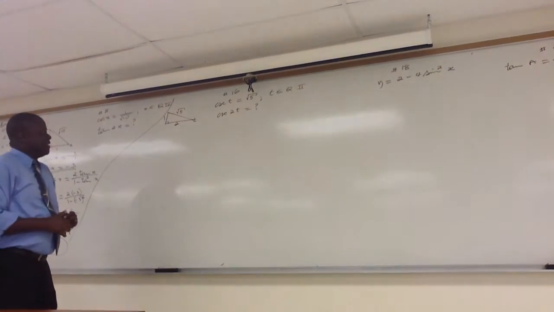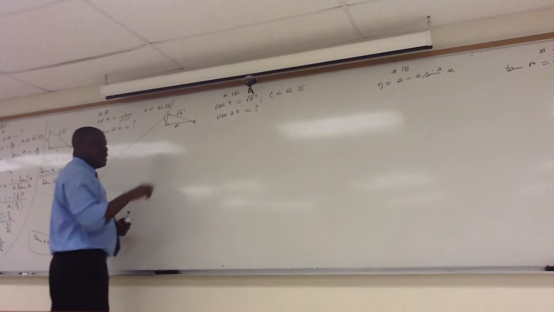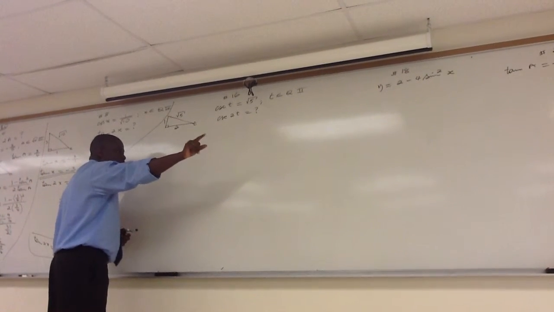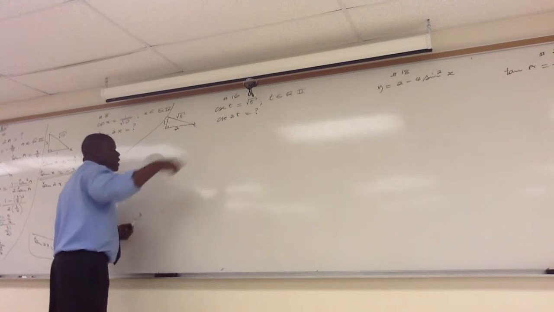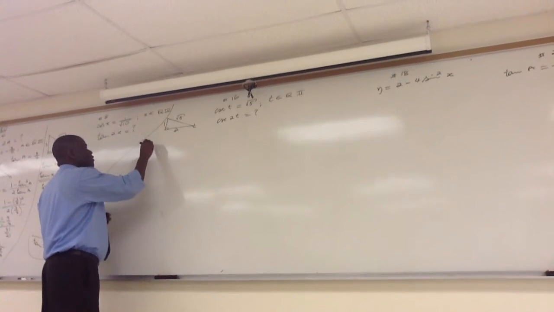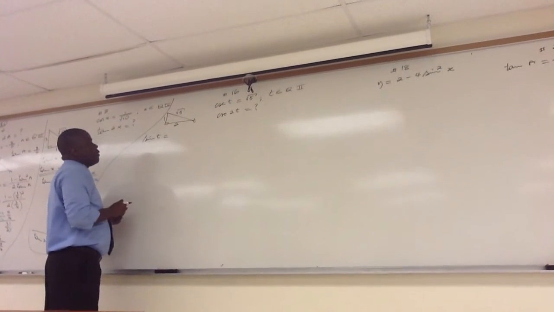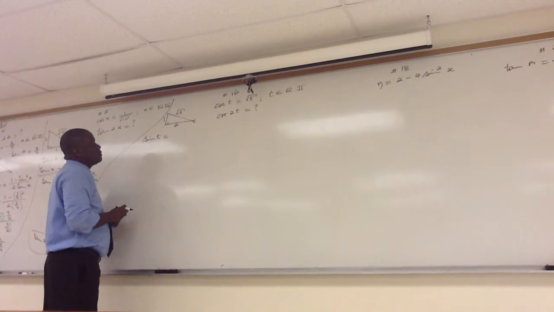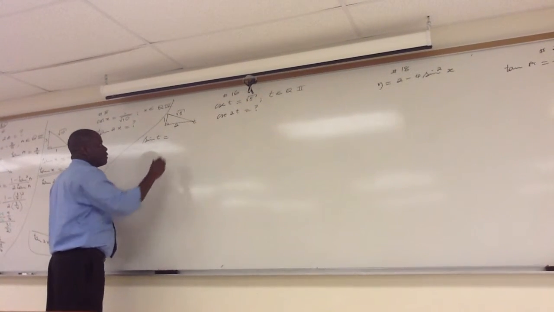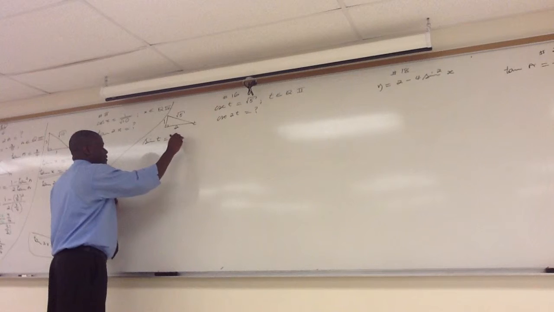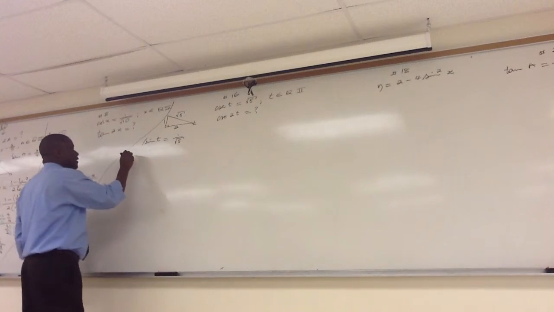That. So we know this side, and from the sine formula, we know we need sine and cosine. So let's find sine of t and cosine of t. Sine of t would be what? What is that? 1 over the square root of 5. Yeah, that.